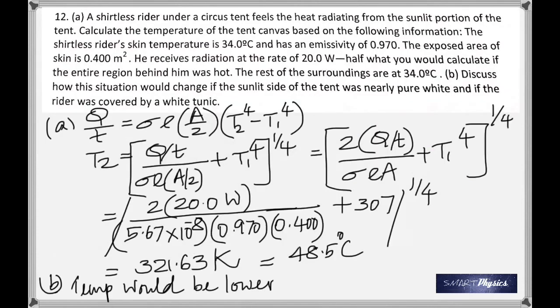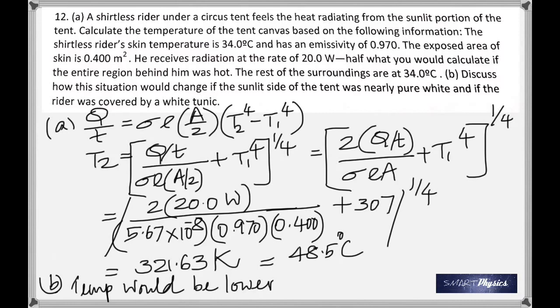And now finally we come to the last one. In this question, as you see it, a shirtless rider under a circus tent feels the heat radiating from the sunlit portion of the tent. Calculate the temperature of the tent canvas based on the following information.